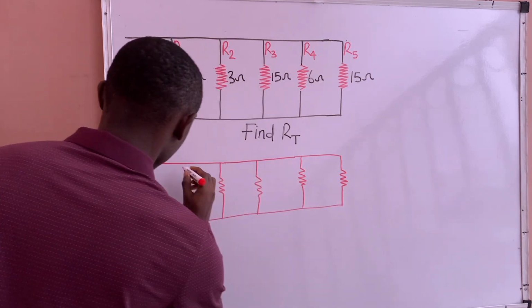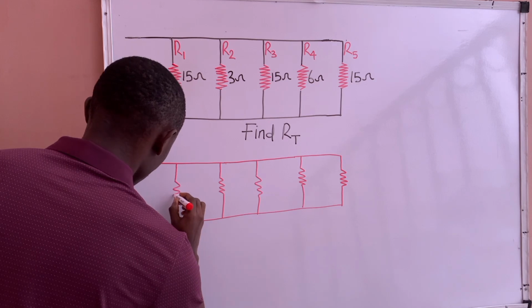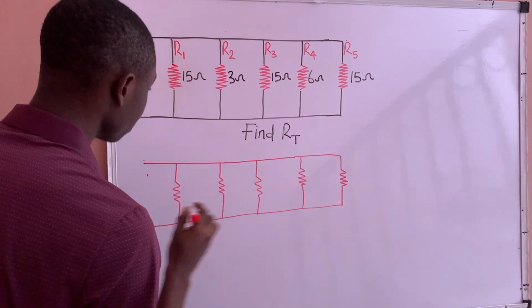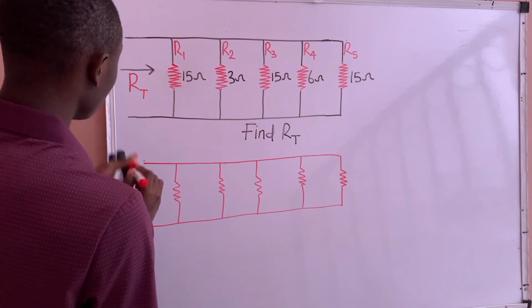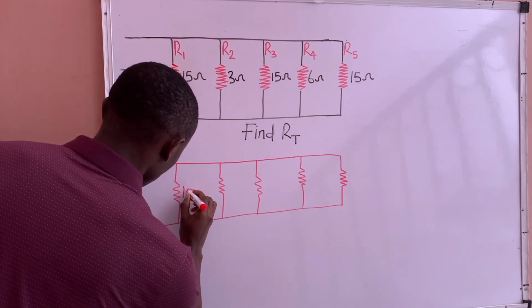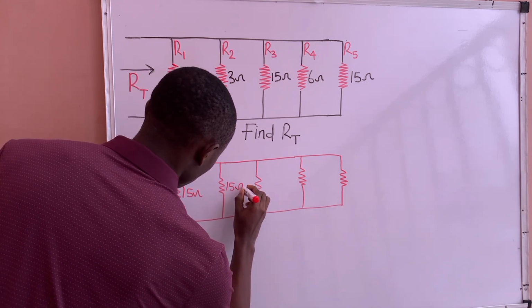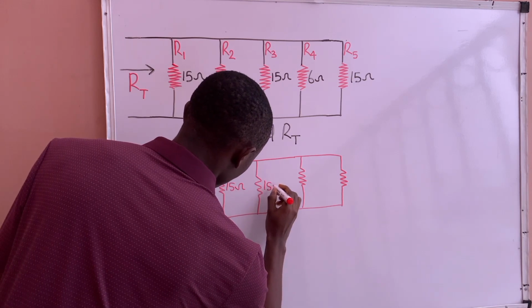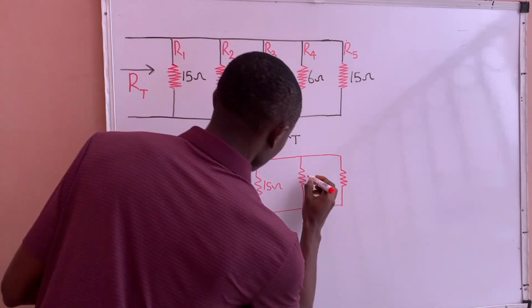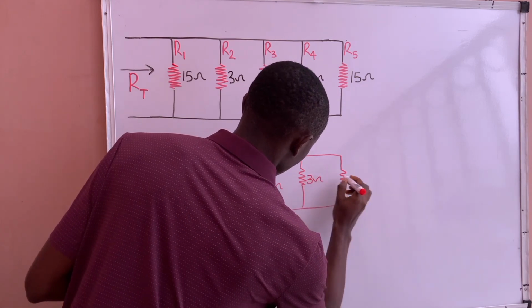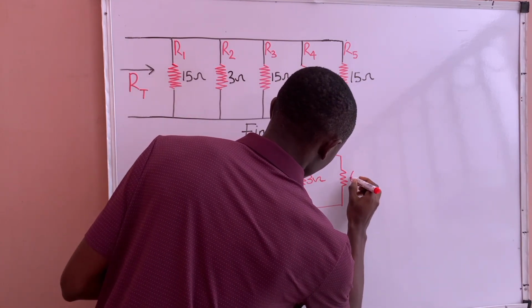One, two, three, four, and the last resistor will be connected here. So here will be 15 ohms, here will be 15 ohms, and here 15 ohms. Here will be 3 ohms, and here will be 6 ohms.